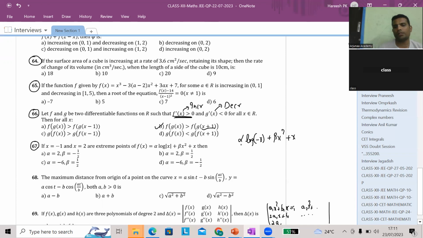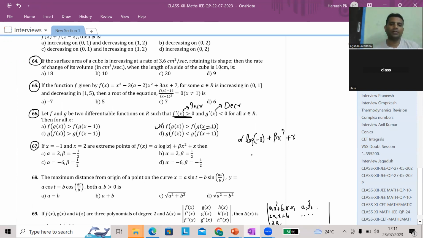So now differentiate this. What is derivative of log minus x? It is 1 by x only. Because you will get 1 by minus x into derivative of minus x. Derivative of minus x is? Minus 1.